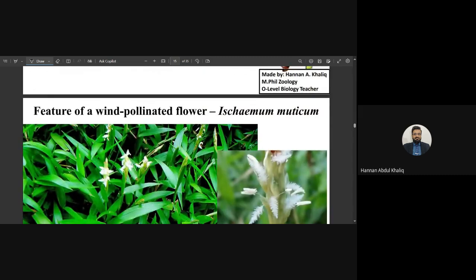Moving ahead, the wind pollinated flower. Wind pollinated flowers have no brightly colored petals because they don't need the insects. No brightly colored petals.